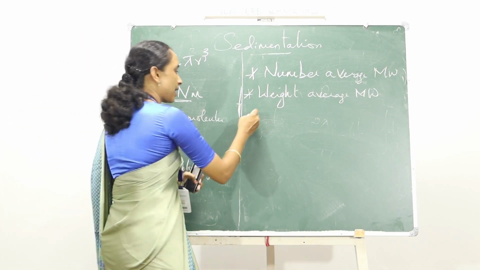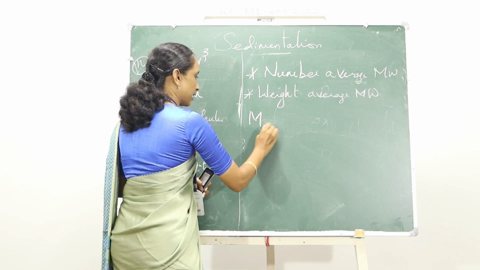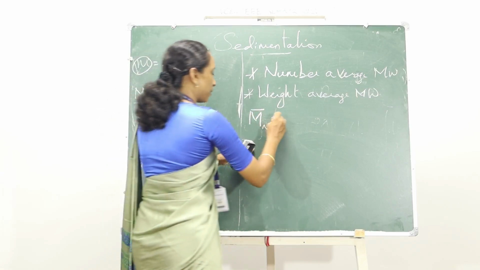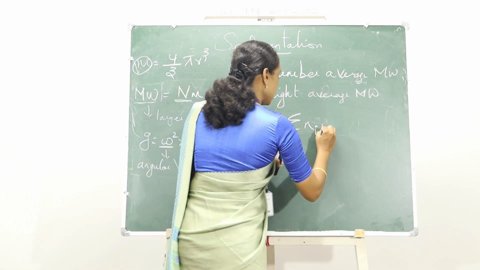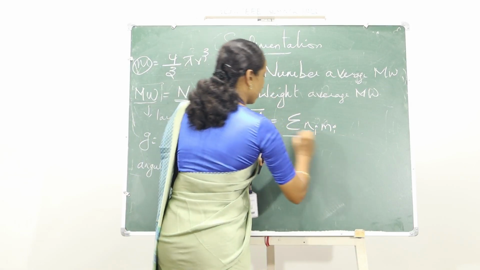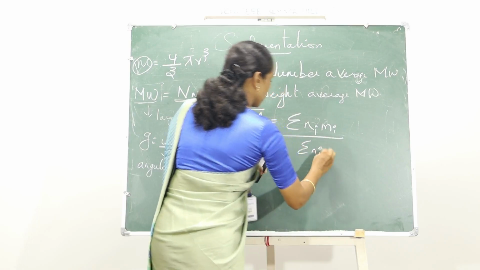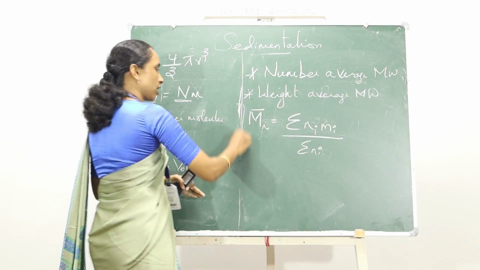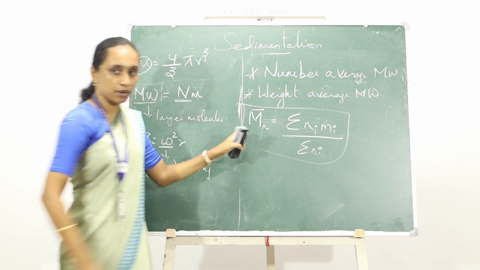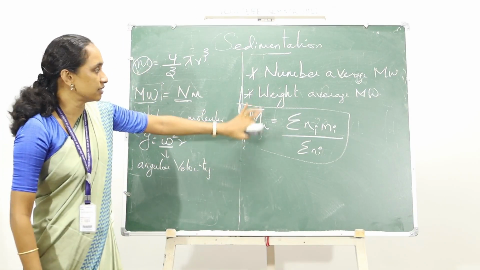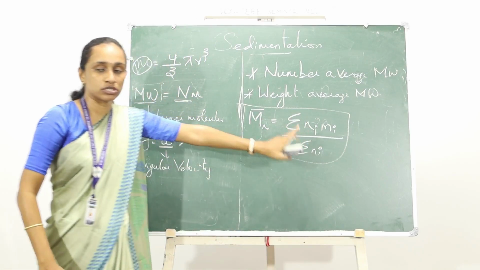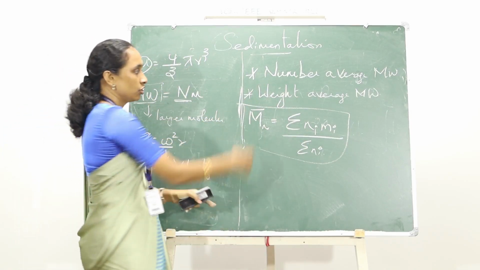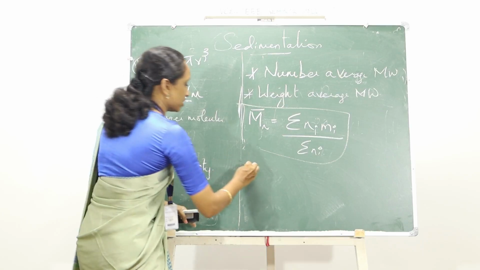This number average molecular weight, which can be written as Mn bar, can be calculated if we know the number of molecules and the molecular weight of the molecule divided by the total number of molecules. With this formula you can calculate the number average.